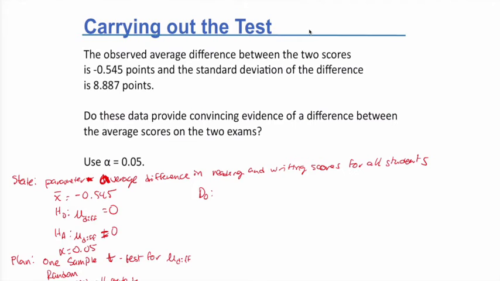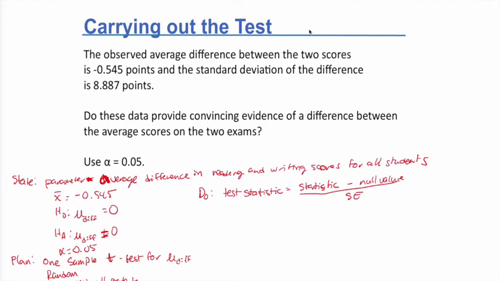Our general formula is that the test statistic is equal to the statistic minus the null value over the standard error.